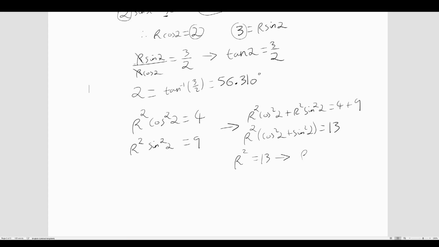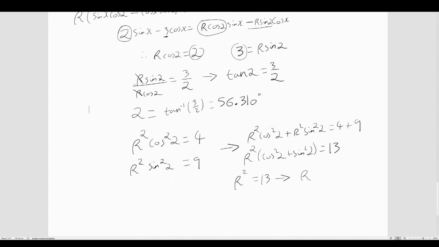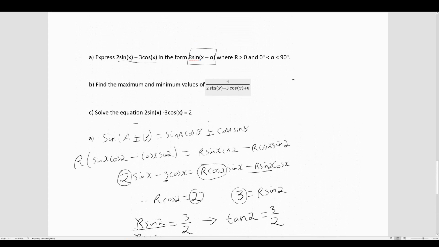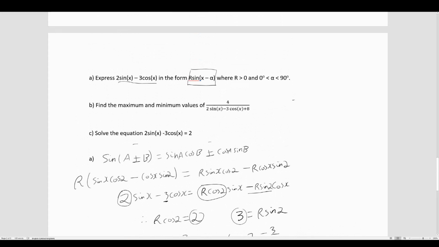To get r on its own, I square root both sides. I've specified in the question that r needs to be bigger than 0, so we take the positive square root, r is equal to root 13. I think I'll just leave it as root 13, I think that's a bit neater. It doesn't say give r to 3 decimal places. I've only done it for alpha because I think it's the nicest way to express it.